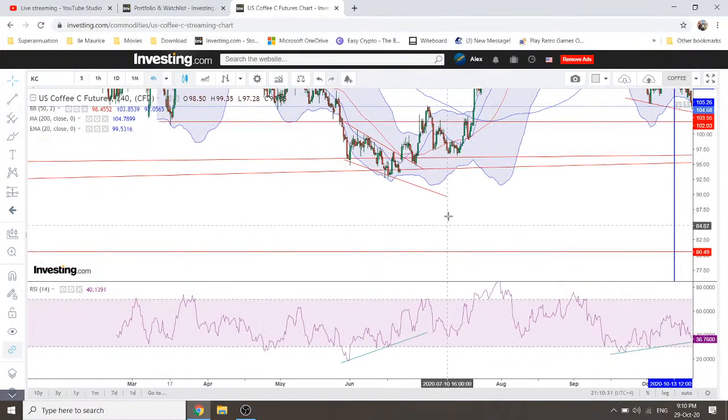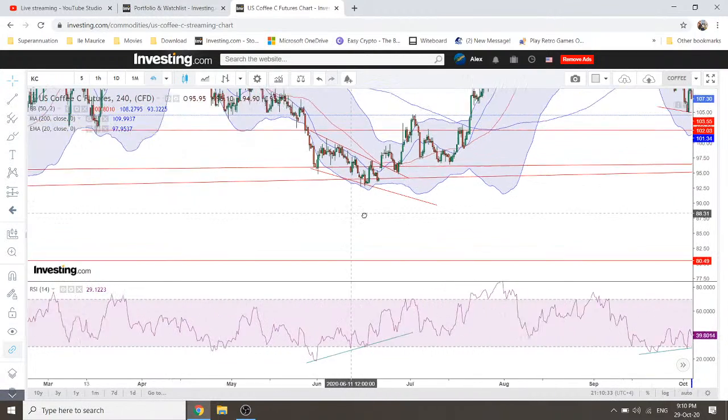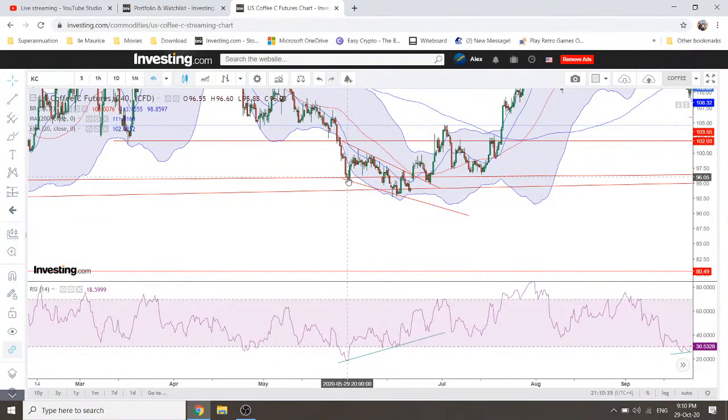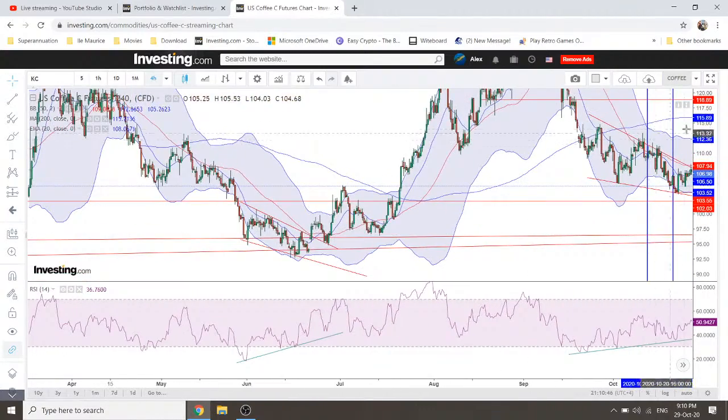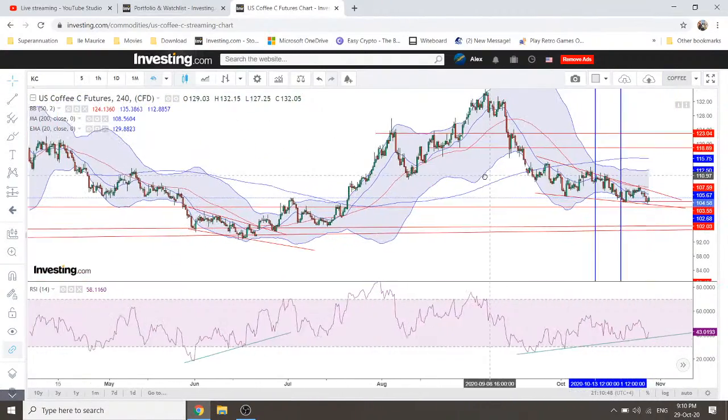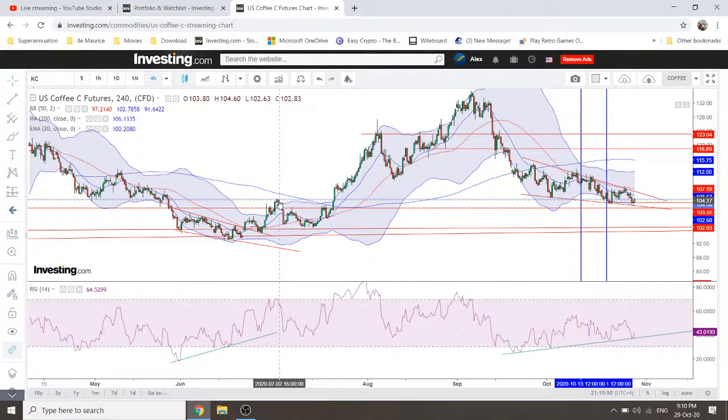But back to that example here, we can see that the target, since we did trigger from 96, we were looking at the first target at 105, and that's exactly where we got with the first swing. But it doesn't mean that the price will actually stop there. As we can see, it was only the start of a really big move to the upside.